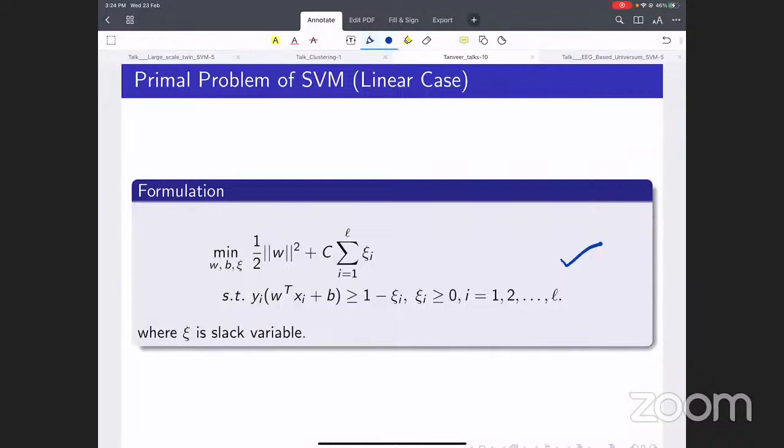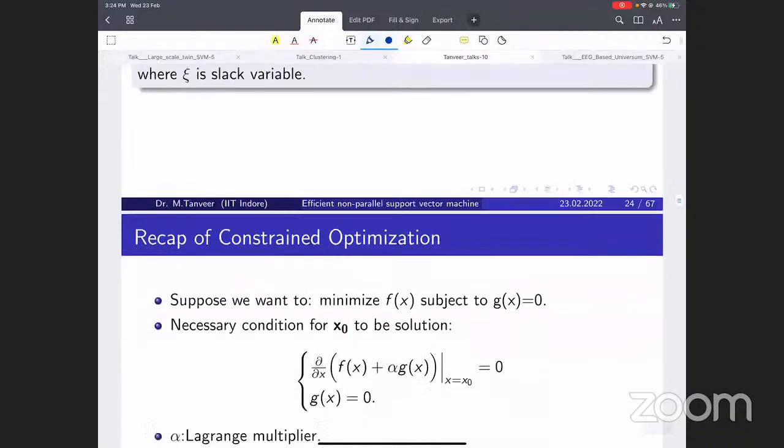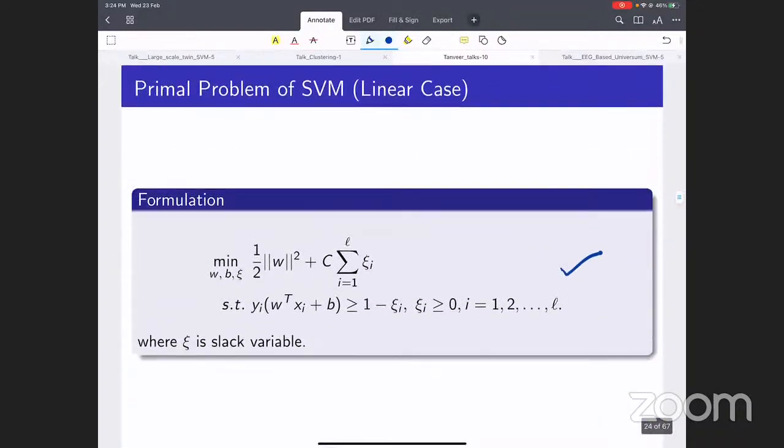So we sum up in the objective function xi1 plus xi2 and so on up to xil, subject to the constraint that the data point should be above class +1 and below class -1. The idea is how to solve this problem and how to find the dual. So here we will discuss that.